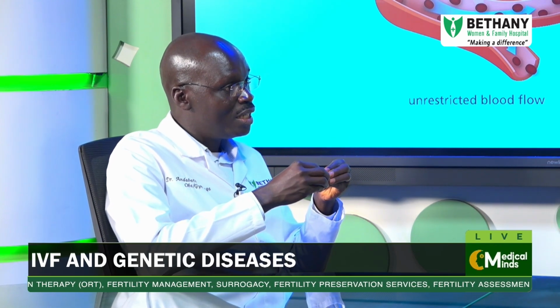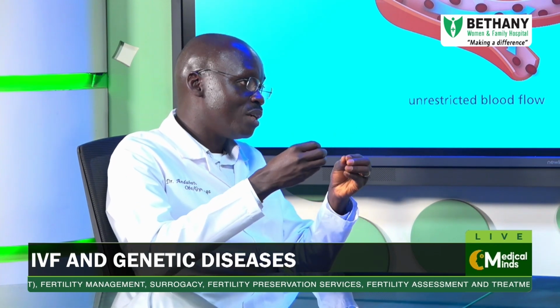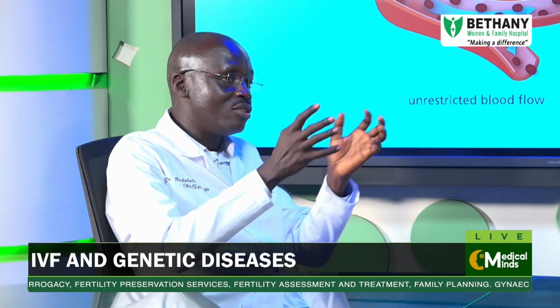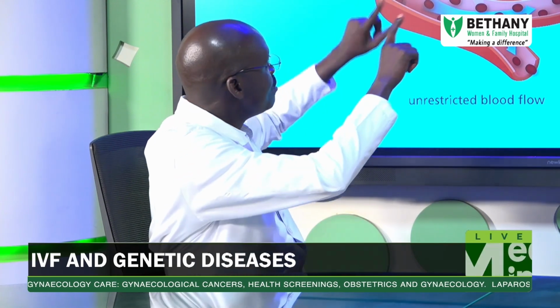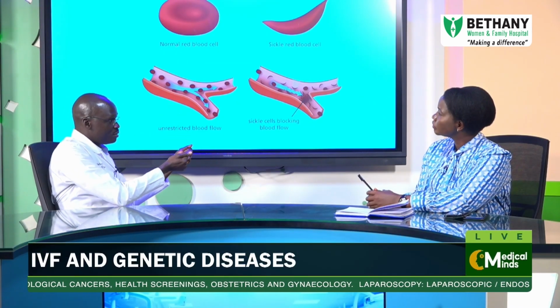It will not pick up oxygen as usual, and it will clot together in the red blood cell, forming particles like sugar crystals. This makes the red blood cell change shape from a round, nice disc like a plate into a sickle.